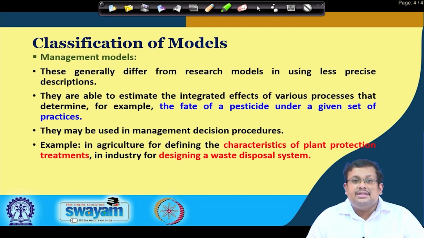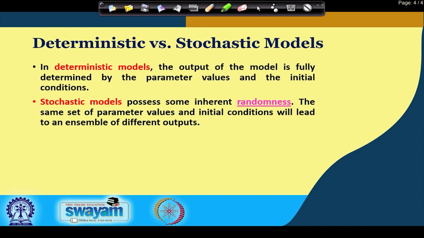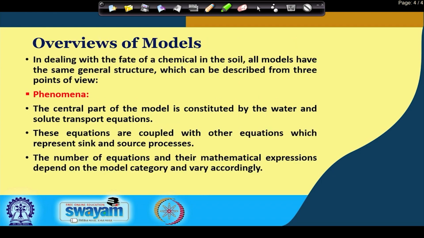So, we have covered these four different types of models. Remember that management models are generally used for management decision procedures. And also we have covered this deterministic and stochastic model. Remember the major characteristic of the stochastic model is the randomness.